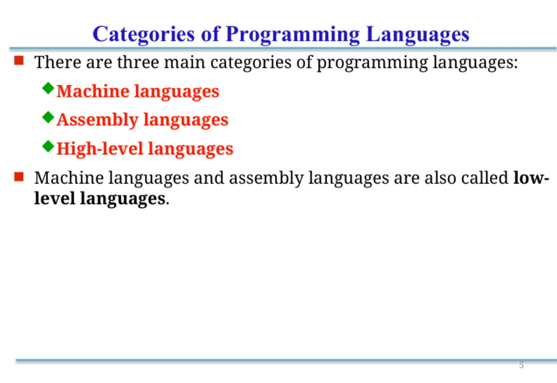Both machine languages and assembly languages are often called low-level languages because they operate very close to the hardware, giving programmers detailed control. Finally, we have high-level languages, which are more abstracted from the hardware and easier for humans to read and write. Understanding these categories helps us see how programming languages evolve to balance control and ease of use, which is essential as we develop more complex software systems.